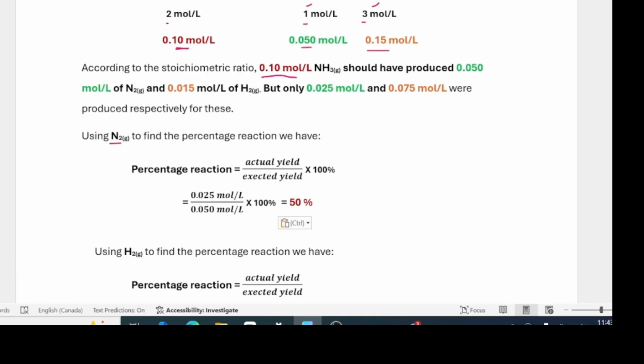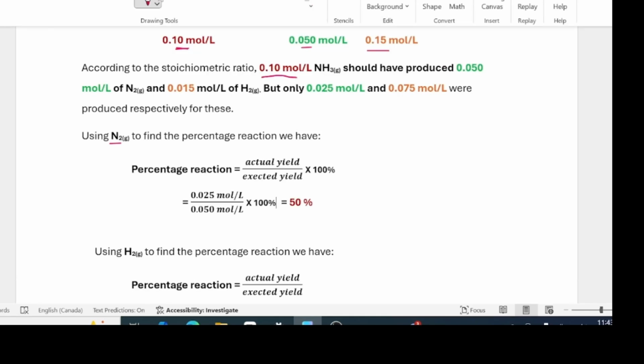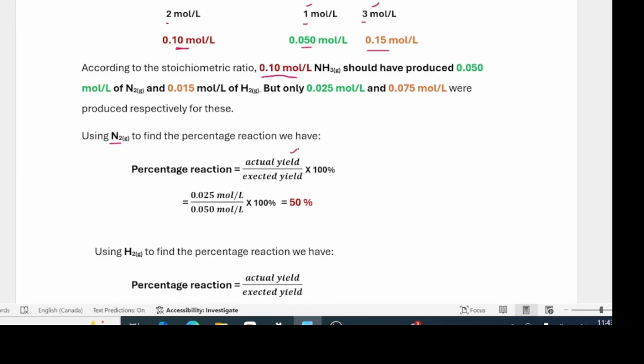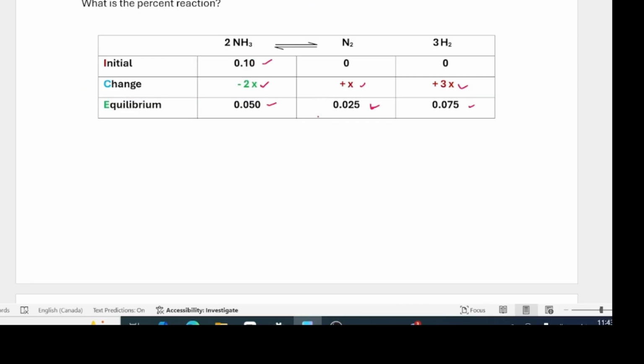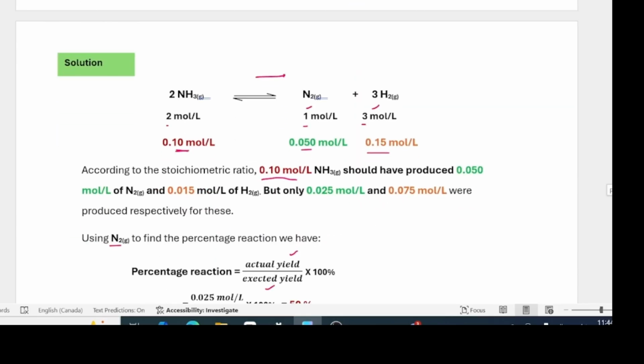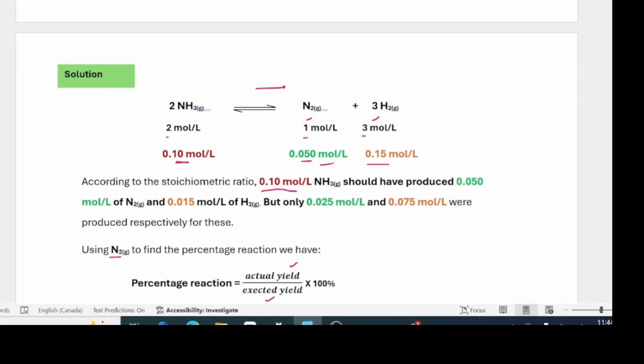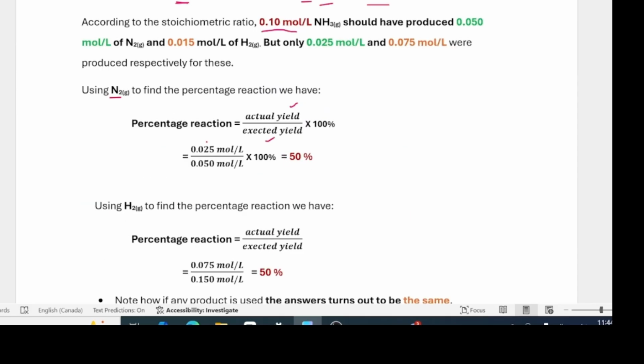Using nitrogen to calculate the percentage reaction, we have the following. Again, you take the actual yield divided by the expected yield times 100%. The actual yield was that, but we expected that value. So we take what we got divided by what we expected times 100, and it turns out to be 50%.